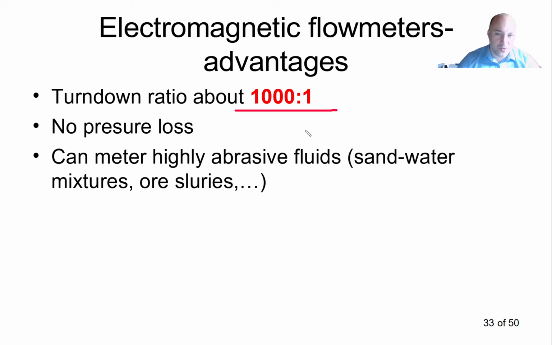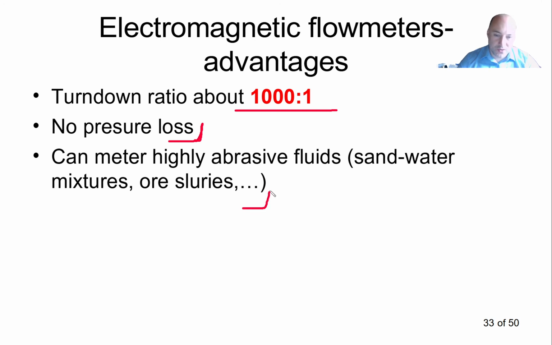So compared to the Orifice plate, we are at least a few orders of magnitude better in the turn down ratio. We have essentially no pressure loss. That's the same as the ultrasound.